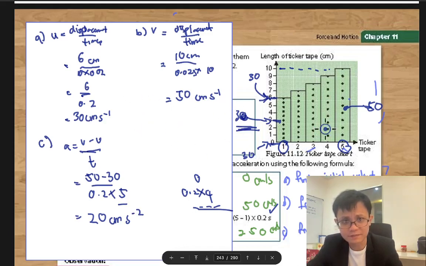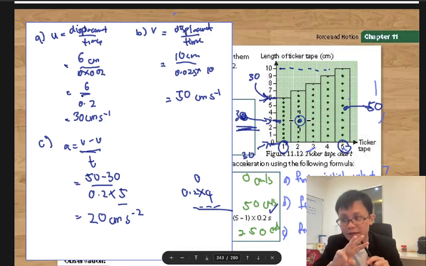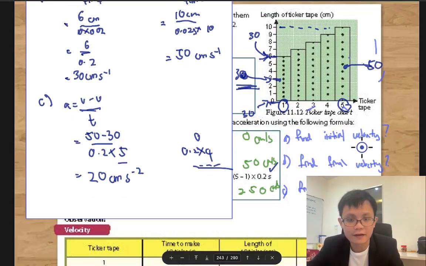So as we mentioned, the ticker tape can let you find two things. The first is the speed, meaning initial, final, or any strip. The second thing is, because you got the speed and the time, you can calculate the acceleration. Okay, very good. This one, 250, is not correct, because the number is too big already. 250 means an increase of speed of 250 every second.